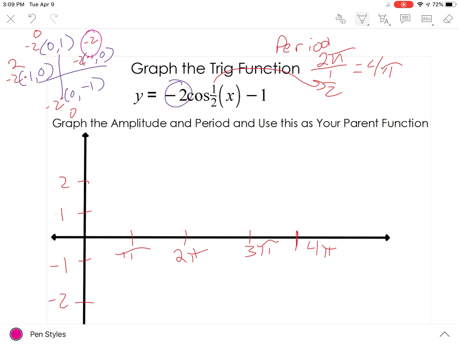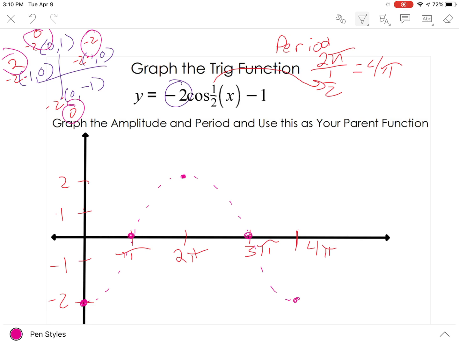So start off at -2 now instead of +2, going back up to 0, and then to +2, okay, back to 0, and then -2. So that is my amplitude and actually a reflection and the period.